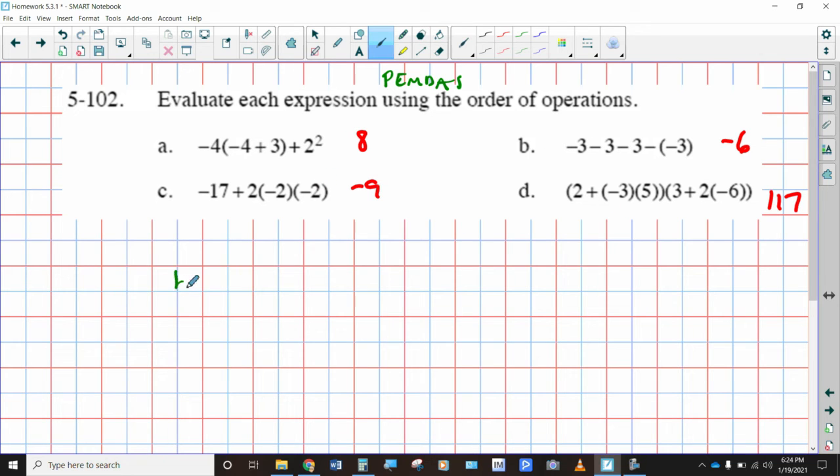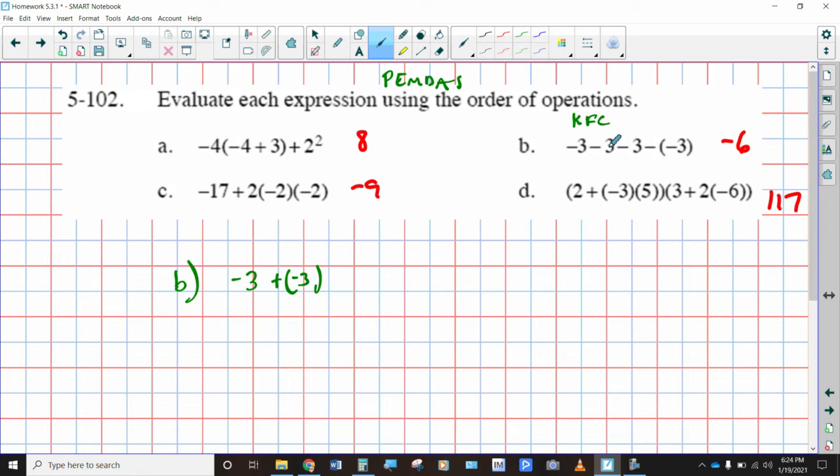But let's start with B. Can we all agree we do not like all those minus signs? It's horrible. So I'm going to do the whole KFC approach, changing all of the subtraction parts to addition. The first one just tells us the sign of the number. That's -3. But instead of subtracting 3, let's add a -3.